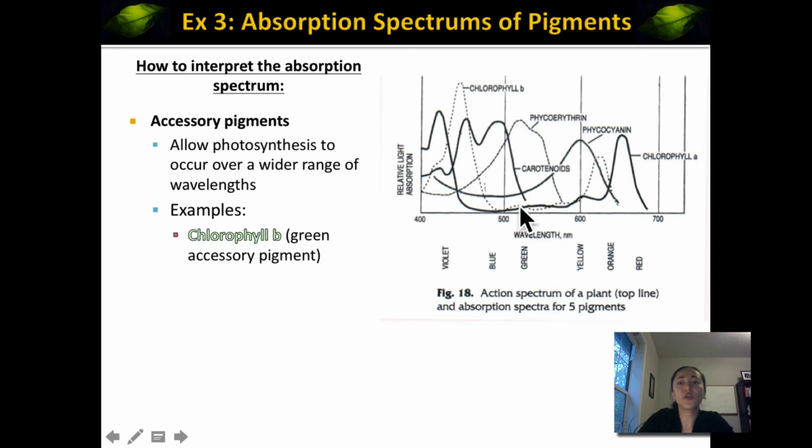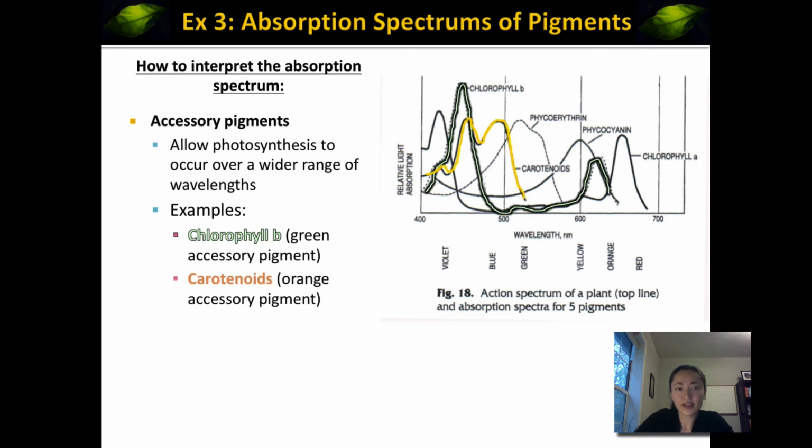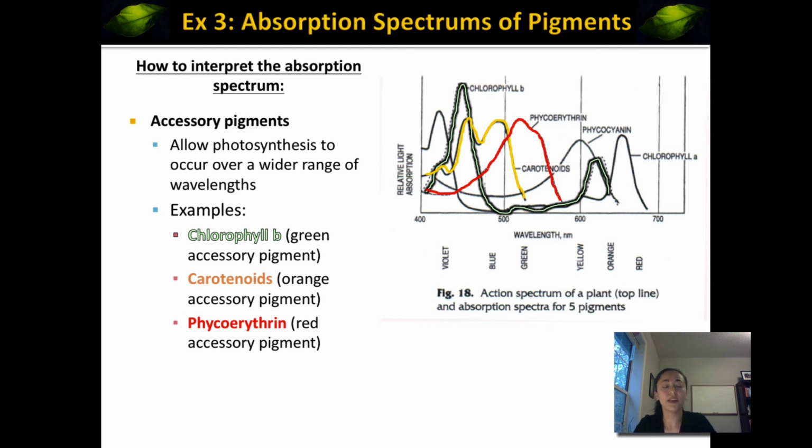However, by having chlorophyll B, having carotenoids, and having phycoerythrin, these are just some examples of accessory pigments, it allows photosynthesis to happen in colors of light that it typically couldn't happen in if it only had the primary pigment. So these accessory pigments are extremely important in plants.